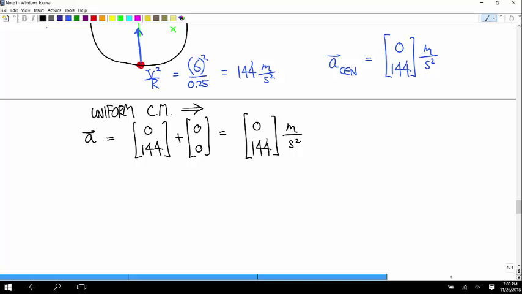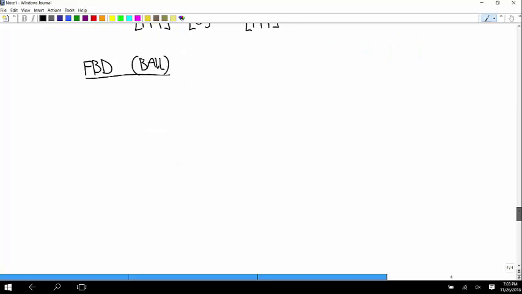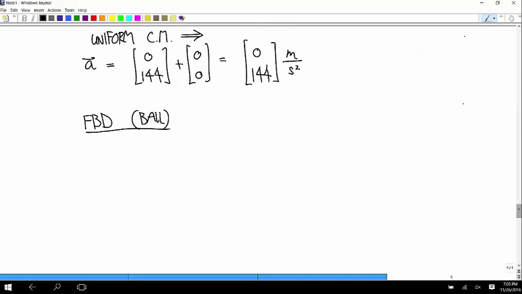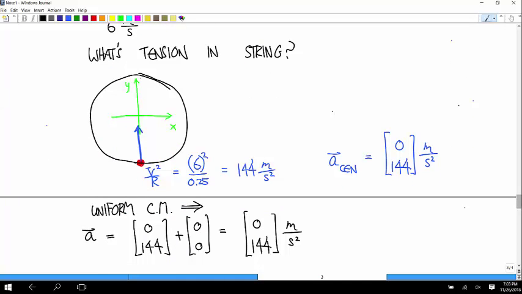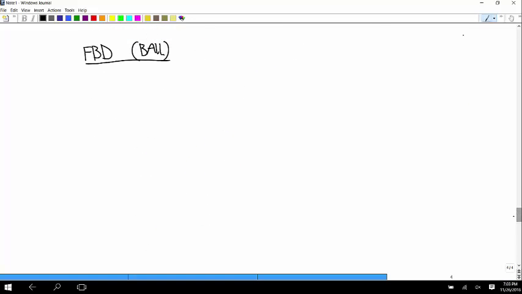Now we're going to draw a free body diagram of the ball. We're looking at the ball in this view from above when the ball is at the bottom of that circle. So here's the ball. Now let's think of all the forces that are acting. There is a weight force.